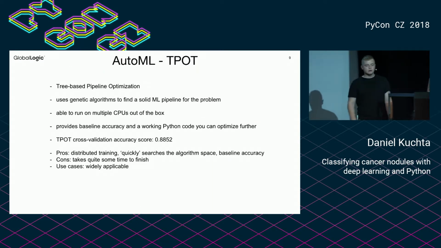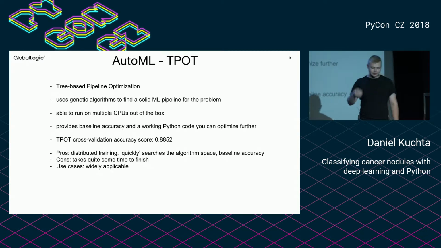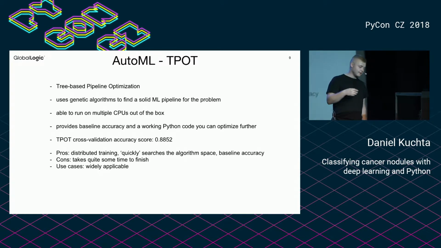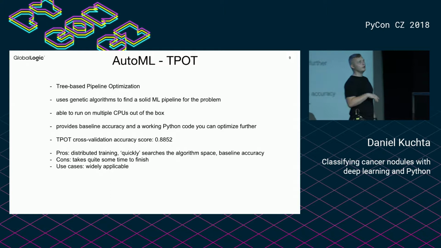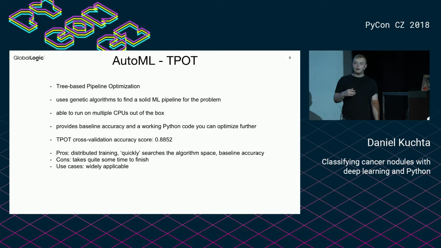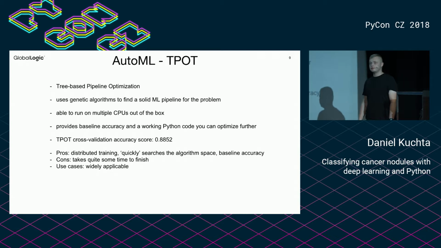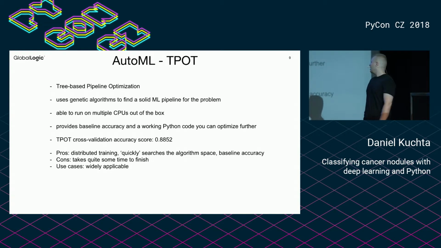Cool. So yeah, when you start a data science project, you need to have a sort of baseline for accuracy. We wanted to achieve that in some cool way, so we actually used an AutoML framework called TPOT, which basically builds your machine learning pipeline using genetic programming.